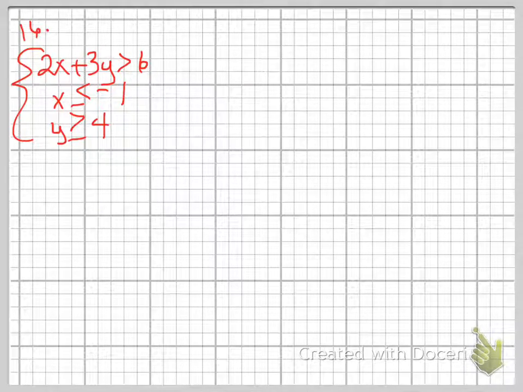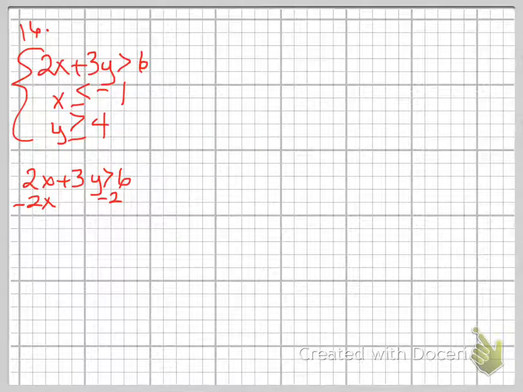Alright. Number 16 says to solve each system of inequalities by graphing. The first thing we have to do is get this first equation into a y equals format. So we're going to start out by moving our 2x.